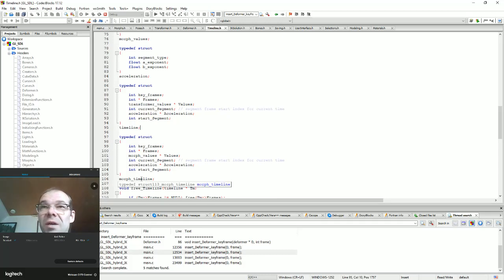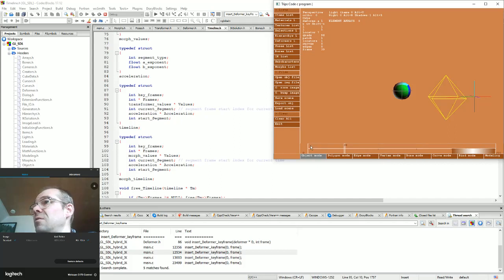Why this timeline is two levels: the morph keyframes are above, and the regular animation keyframes are below. And the below strip, if we talk about this timeline shape, if we observe it here, this has two levels: morph keyframes and timeline keyframes.